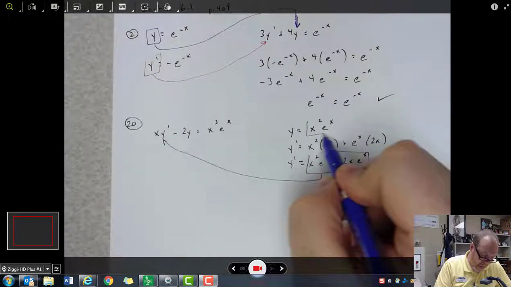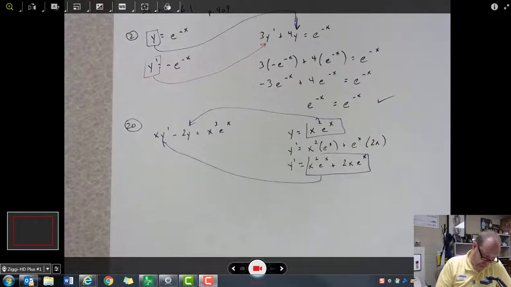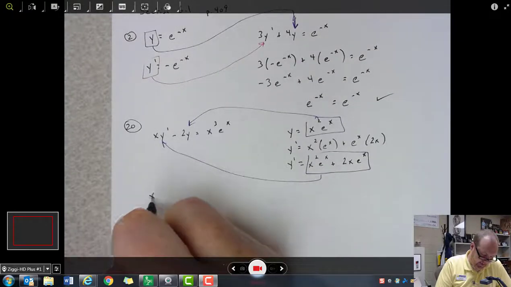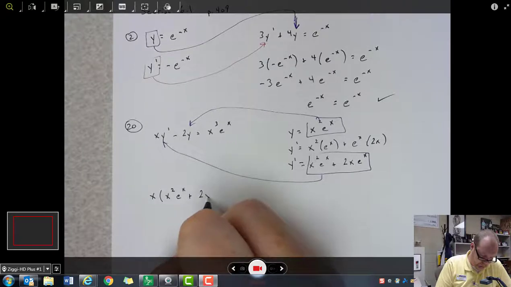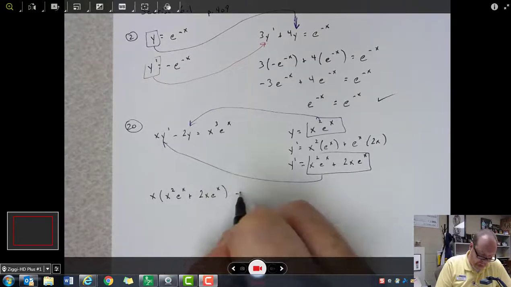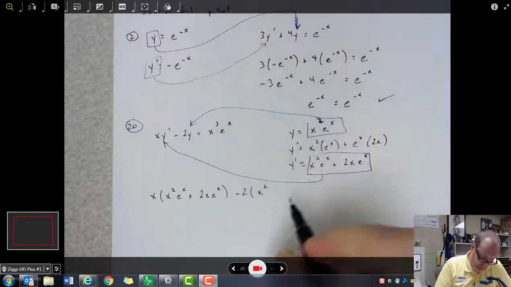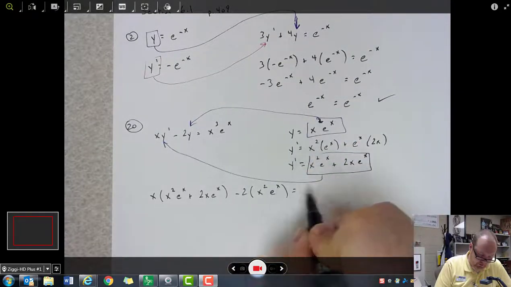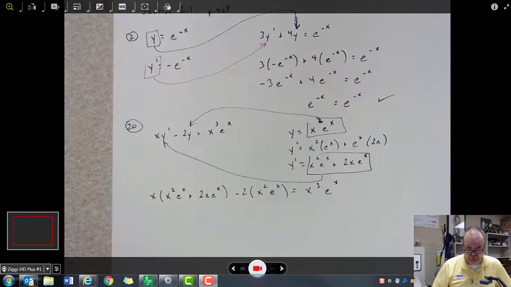I'm going to take all of this and substitute in place of y, and then examine if it's a true statement or not. So I have x times y prime minus 2 times y. And I want to know, does that give me x cubed e to the x for a solution?